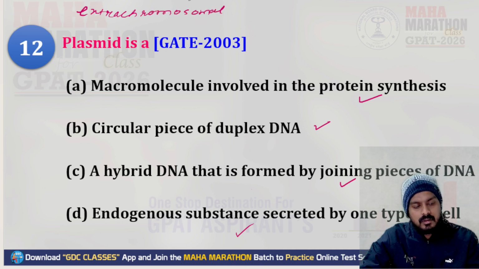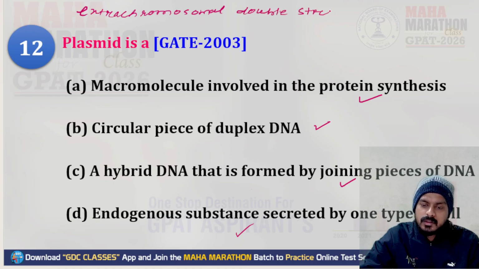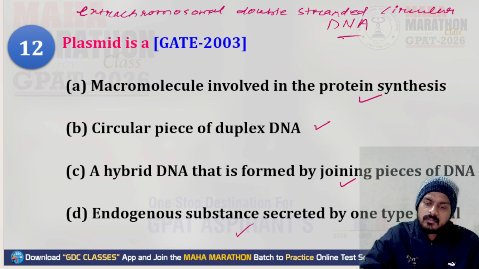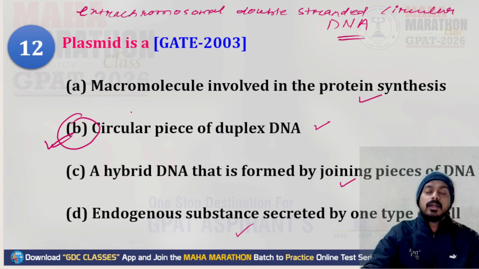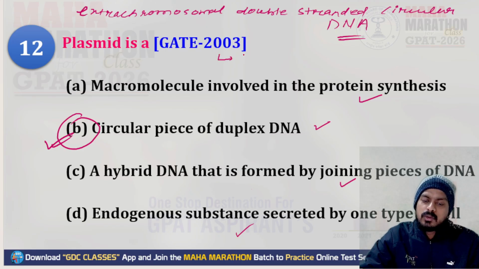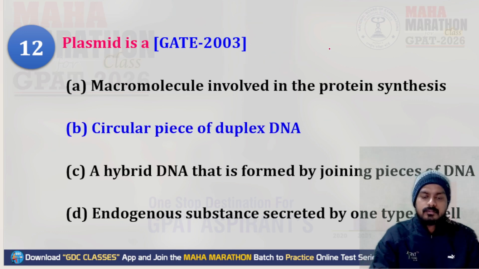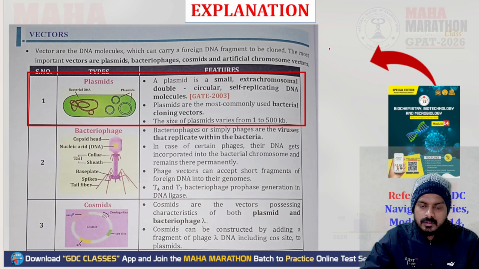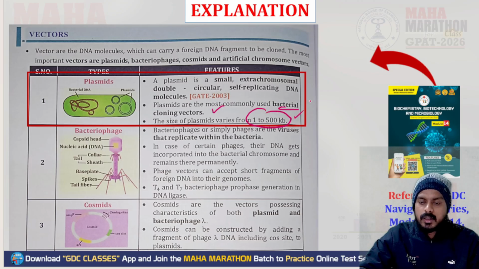Extra chromosomal, double stranded, circular DNA, which is present in case of bacteria. And what is the major role? Plasmid is majorly used as a vector. It is the most commonly used bacterial cloning vector. Its size is around 1 to 500 kilobase pair.